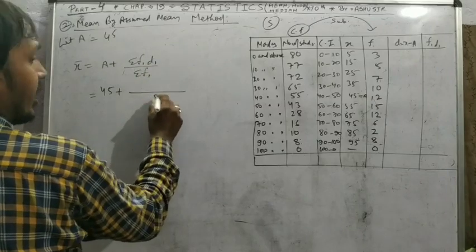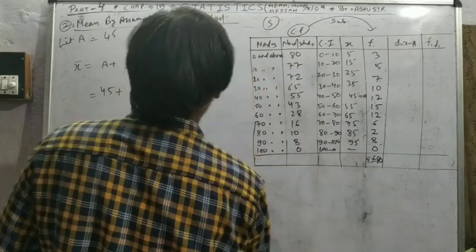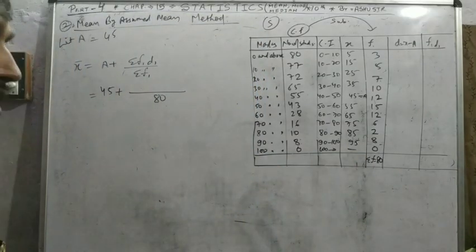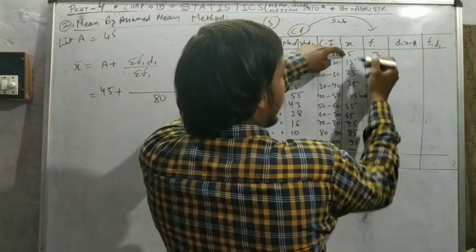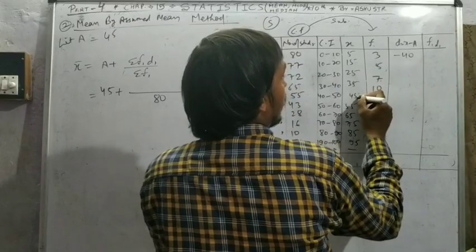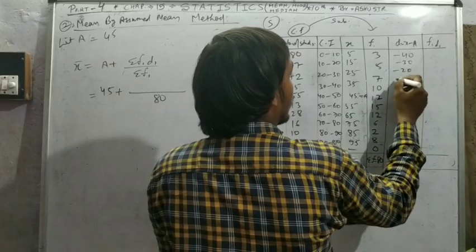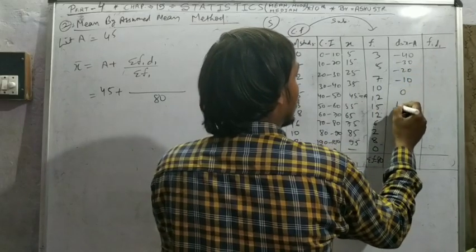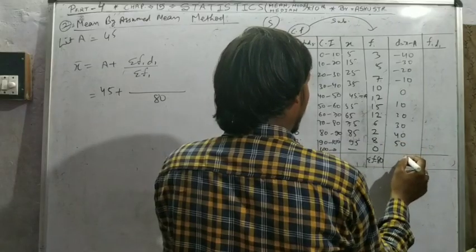Summation of F is 80, you can check it. Now FD. First we find D, which is X minus A: minus 40, minus 30, minus 20, minus 10, 0, 10, 20, 30, 40, 50.